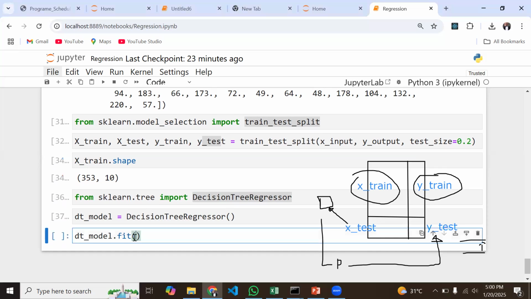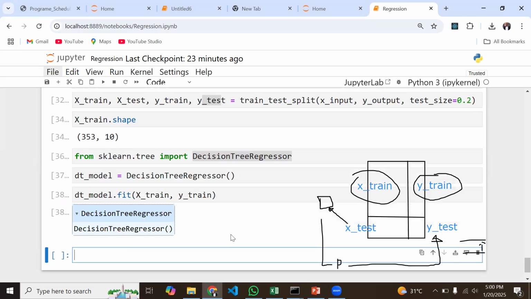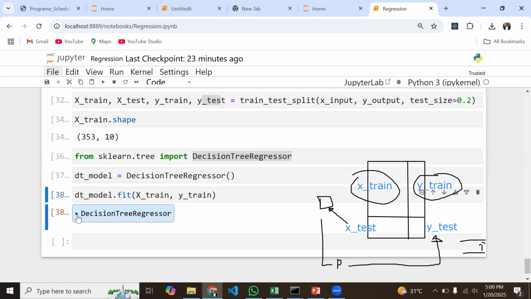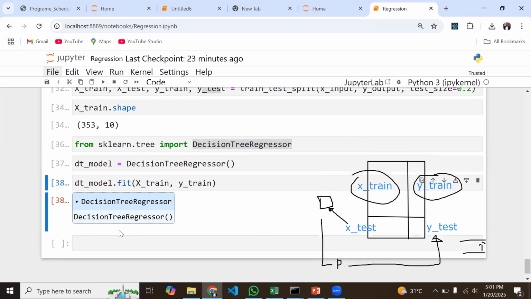Nothing has changed. So what we need is the X train, so I'm going to put in X train. And then we need the Y train as well. So Y train, and I think that's just about it. So X train, Y train, let's run this. And now this model has been built. We don't seem to have any problem. Good.